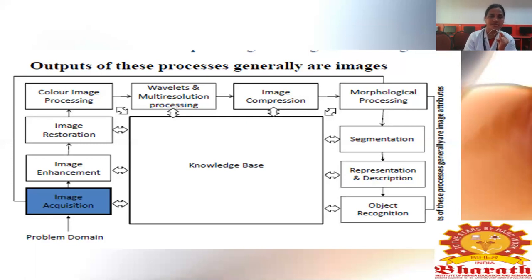The next step is morphological processing. Morphological processing is the process of taking out features or objects from the original images. Here we will have some tools, and these are the tools we will use to extract objects from the images.